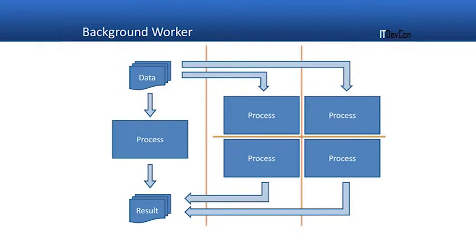In OmniThreadLibrary, you use something called a background worker. Basically, you can think about it as a client-server solution. You start a farm of computing engines, processors, code that works on something, and then you send work items inside. So you say, please do this operation on this data.